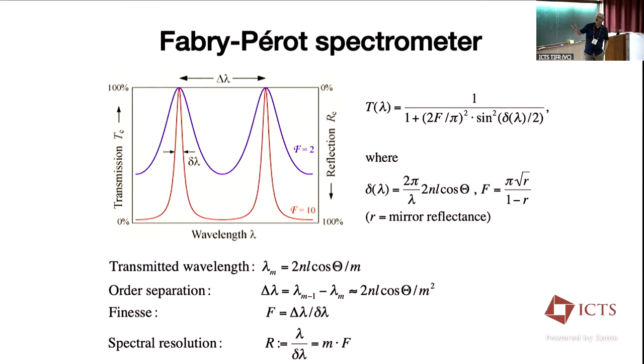Here you have the analytical function, which repeats itself, as I said, every time the phase difference is a multiple of 2 pi. And this phase converts into this: if the incidence angle into the Fabry-Perot is 90 degrees and the index is 1, it converts into n times lambda equals twice the spacing.